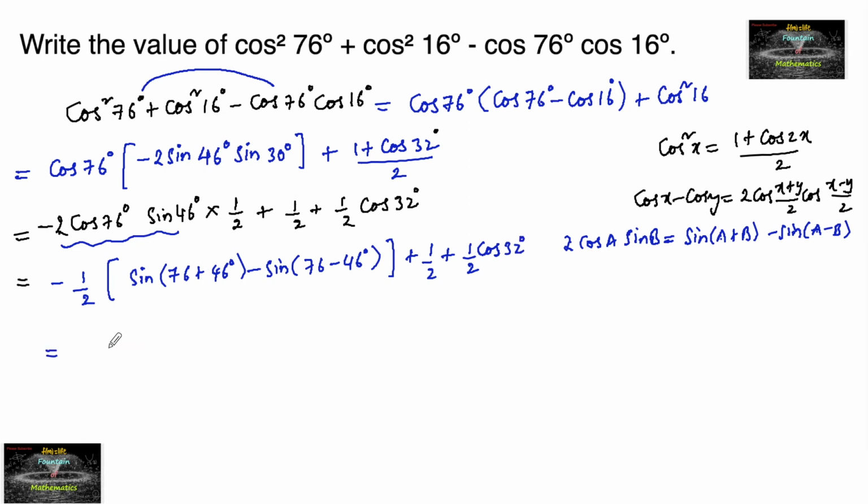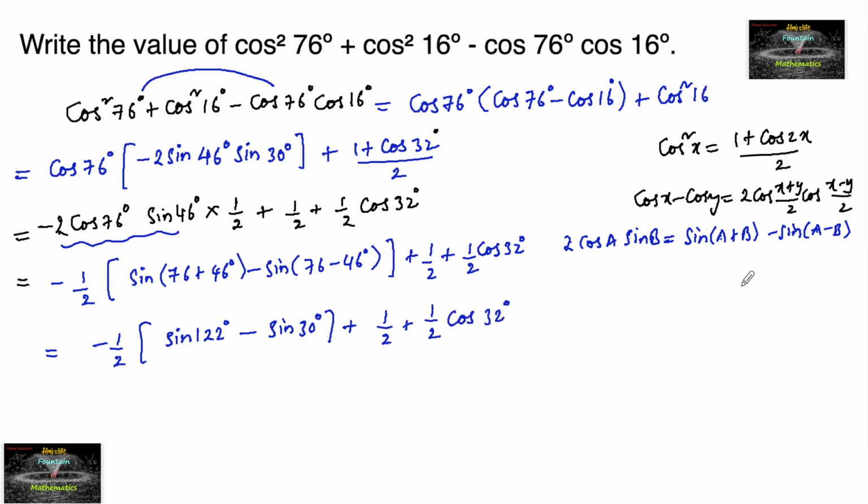So which equals to minus 1 by 2 times sin of (76 plus 46), which is 122 degrees, minus sin of (76 minus 46), that is sin 30 degrees, plus 1 by 2 plus 1 by 2 cos 32.